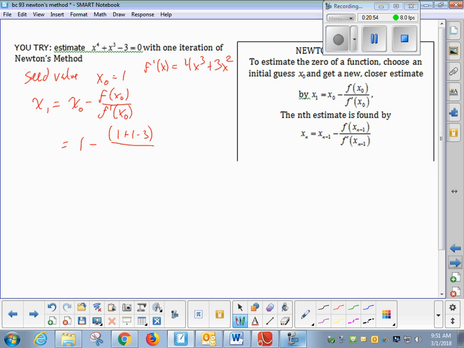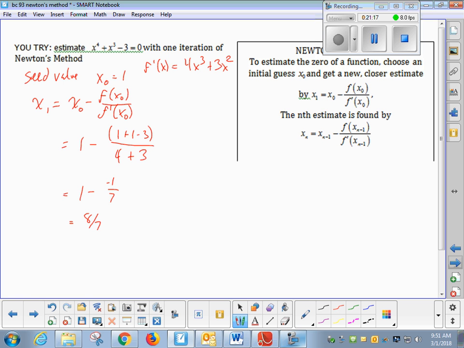So the derivative at x initial would be 4 plus 3, which is 7. Then I get 1 minus negative 1 over 7. My estimate is 8/7. You find that's actually a pretty good estimate of the 0 with just one iteration.